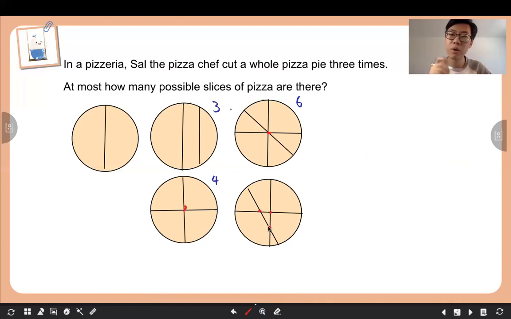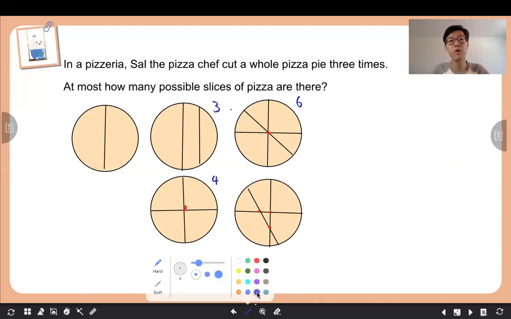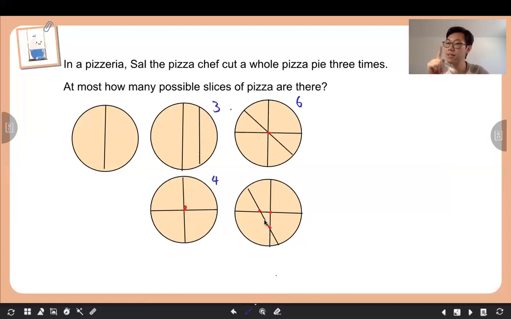So we are having more intersections in this way of cutting. But do we really have more pieces here? Let's count it together, right? So 1, 2, 3, 4, 5, 6, 7. There are 7 pieces. So 1 more piece than the 6 pieces.